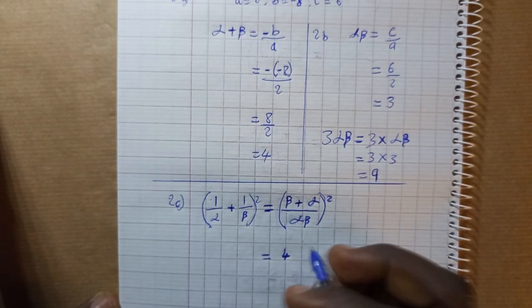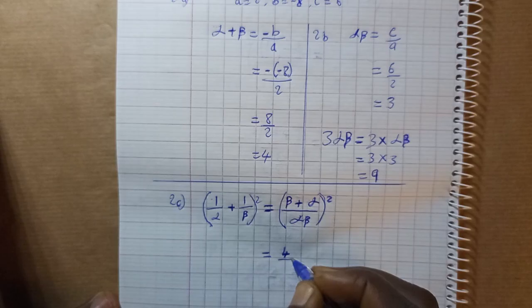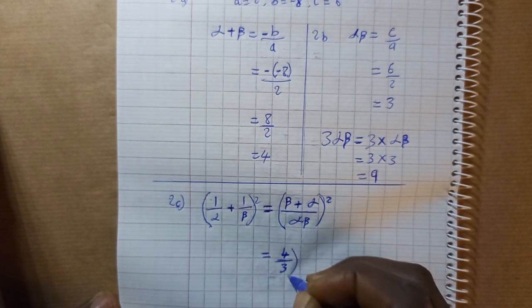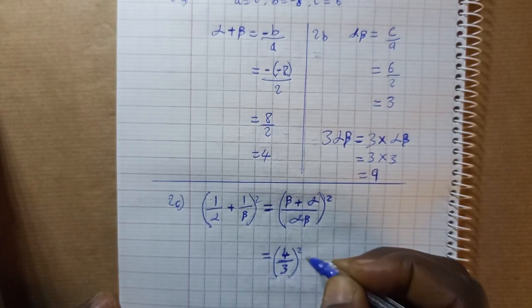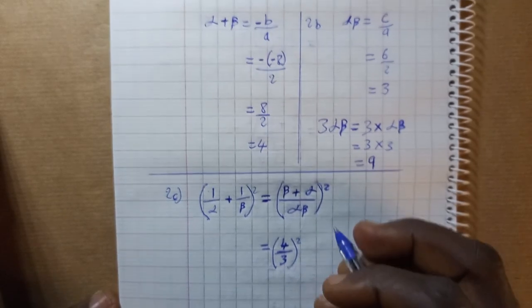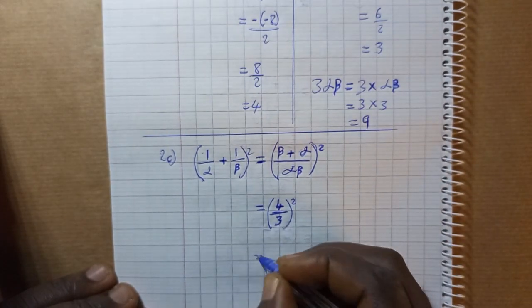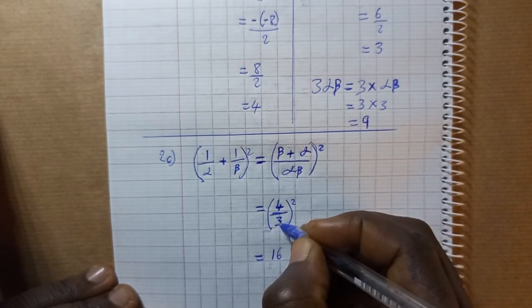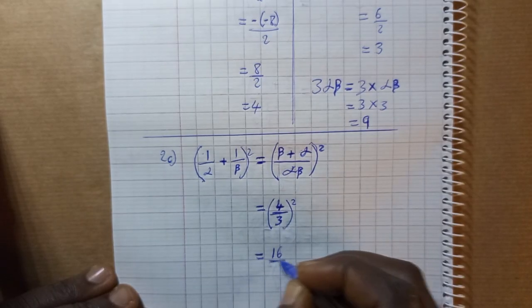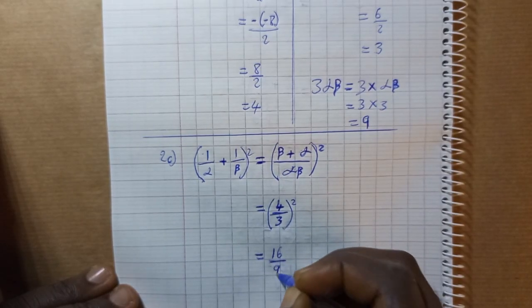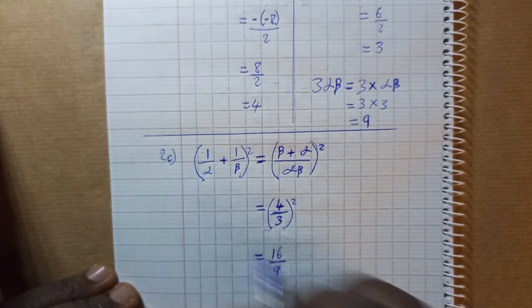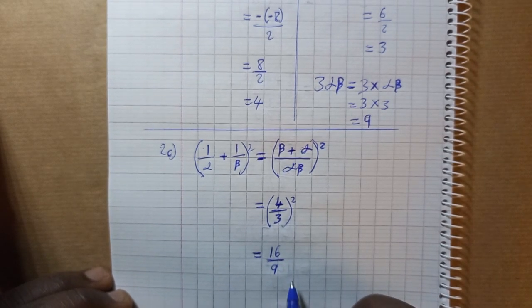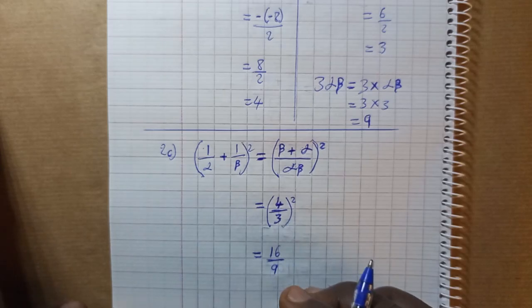So I'm going to write 4 over 3, and then square, which is equal to 4 square, 4 times 4, 16, over 3 square, which is 3 times 3, that is 9. So the value of this now is 16 over 9. So these are the solutions to the questions.